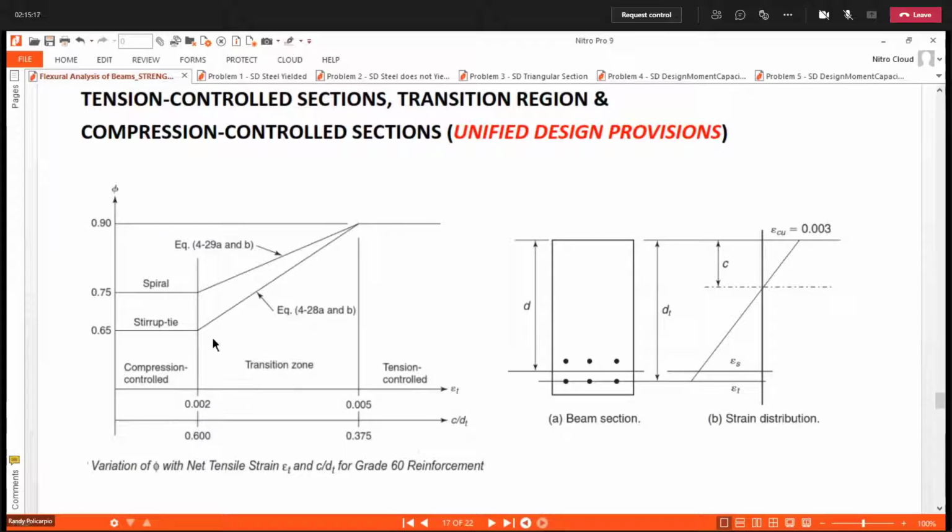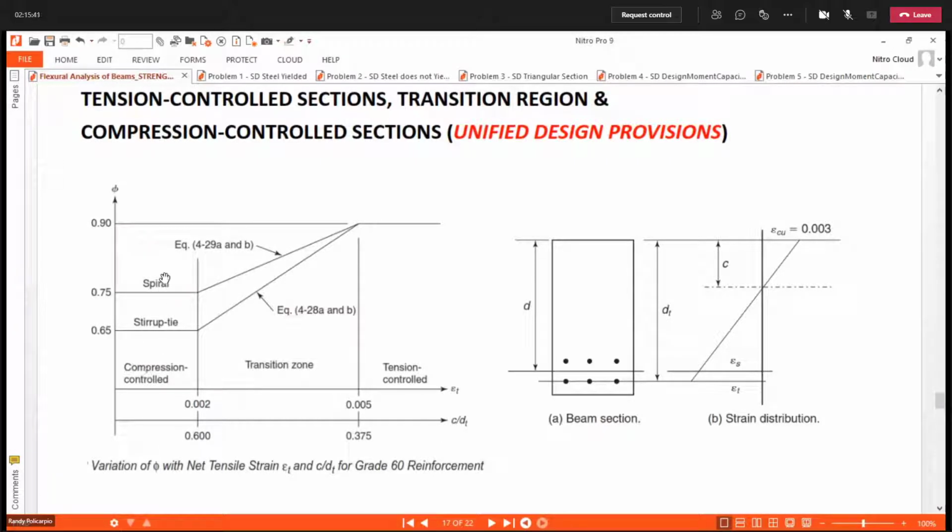So ang equivalent reduction factor dito, ang value niya nagre-range yan ng between 0.65 to 0.90 if we're talking of rectangular or square section, ito stirrup type.